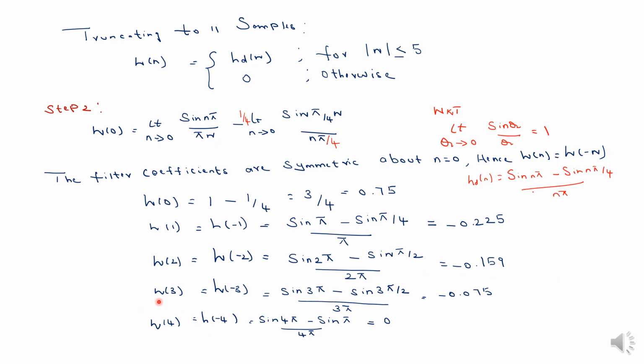Similarly, for n is equal to 3, we have sine 3 pi minus sine 3 pi by 2 divided by 3 pi. This is equivalent to minus 0.075. For n is equal to 4, h of 4 is given by sine 4 pi minus sine pi divided by 4 pi. This is in turn equivalent to 0.